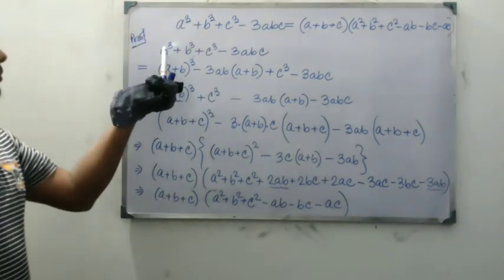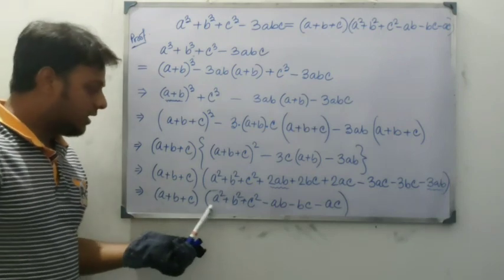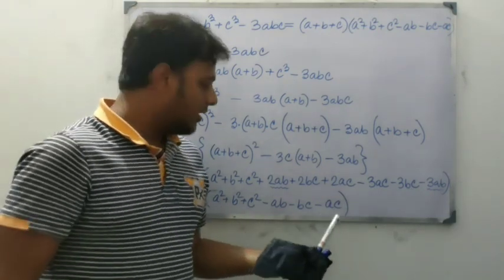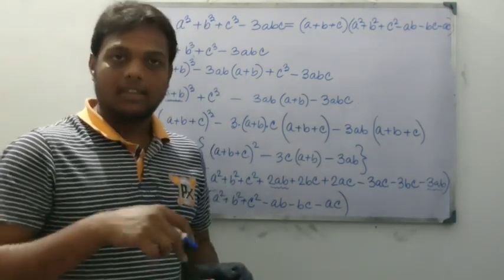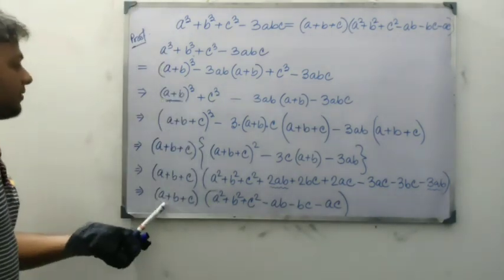See, a³ + b³ + c³ − 3abc equals (a + b + c)(a² + b² + c² − ab − bc − ac). And this is a very important identity in this chapter. You have to memorize it.